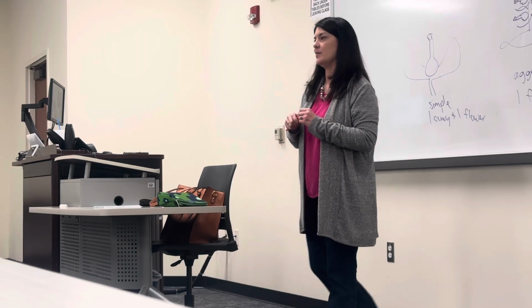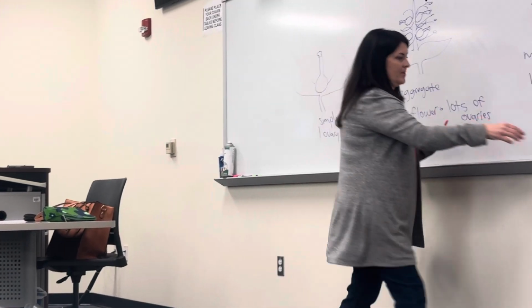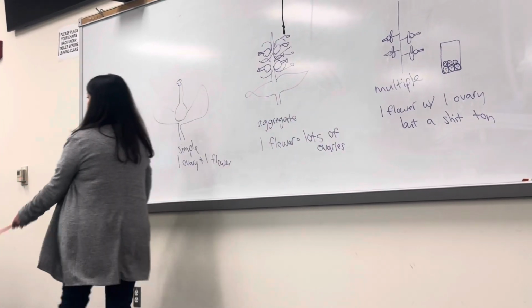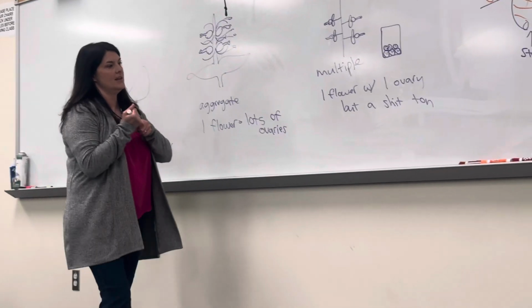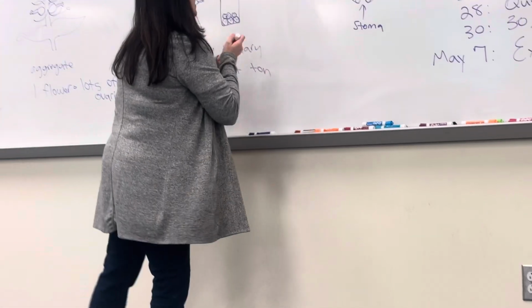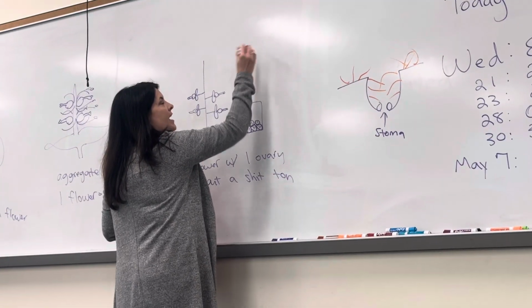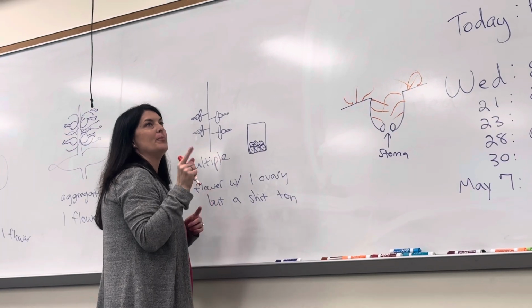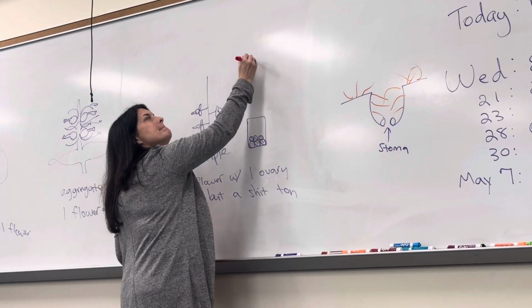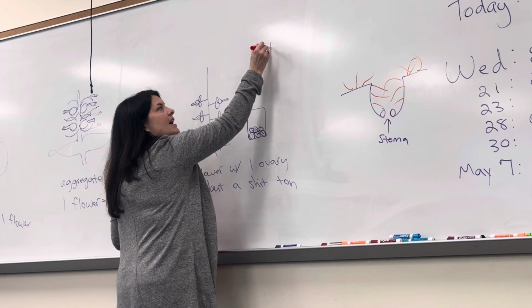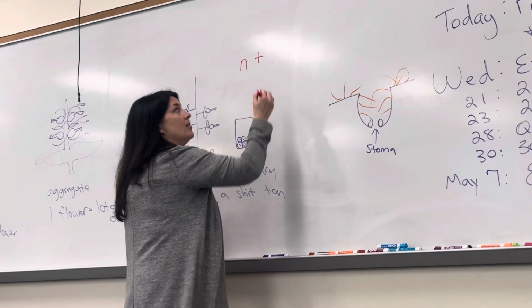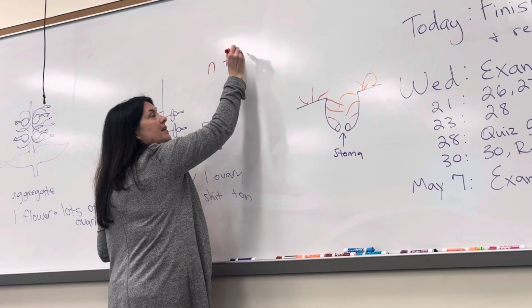One's the egg, and one's the polar nuclei. Polar nuclei, yep. So if you have an egg, is an egg cell haploid or diploid? Haploid. So you have an egg cell, and we combine it with a sperm cell. Is a sperm cell haploid or diploid? Haploid.